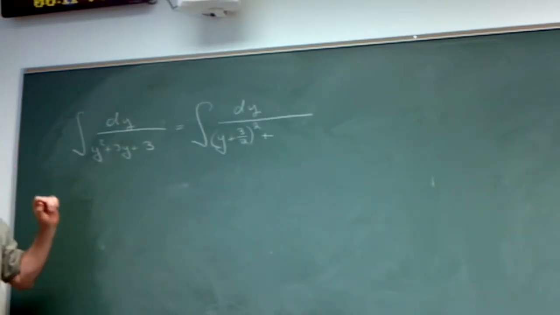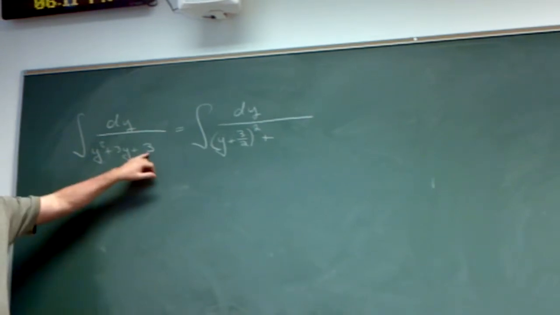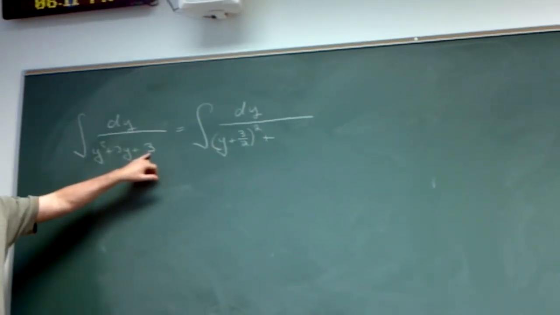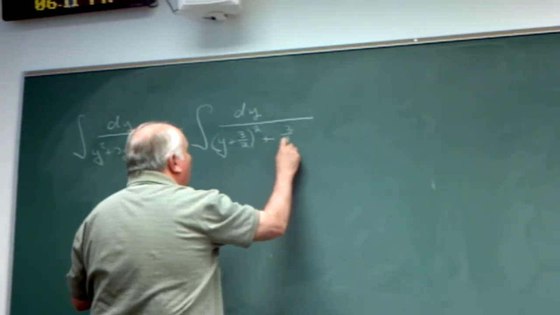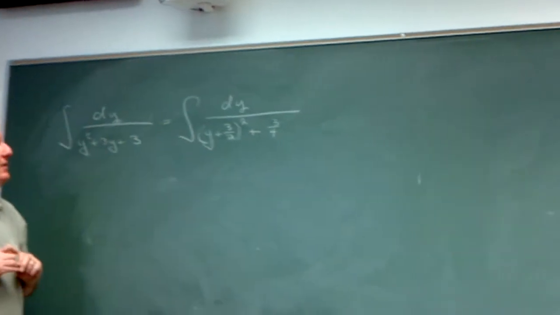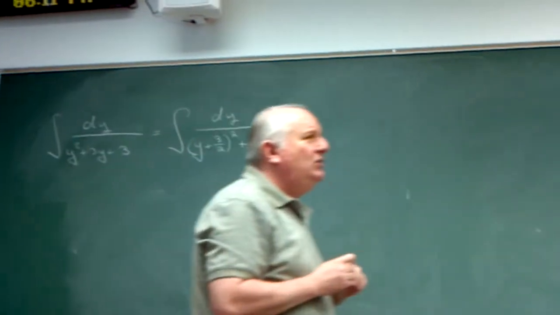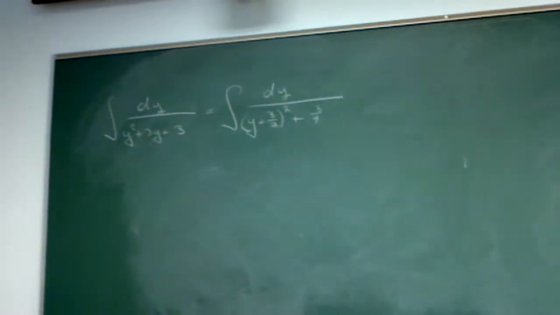Well, 9/4 is left over, but we're supposed to go all the way up to 3, which is 12/4, so we have another 3/4.